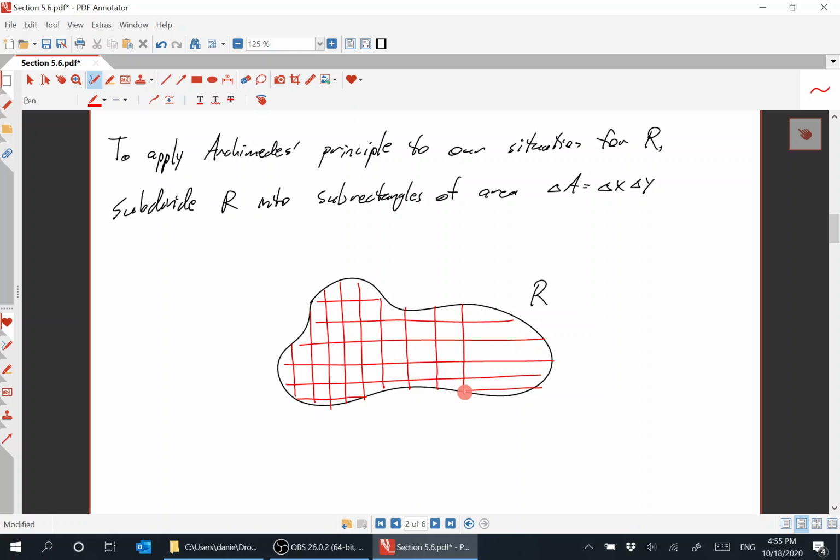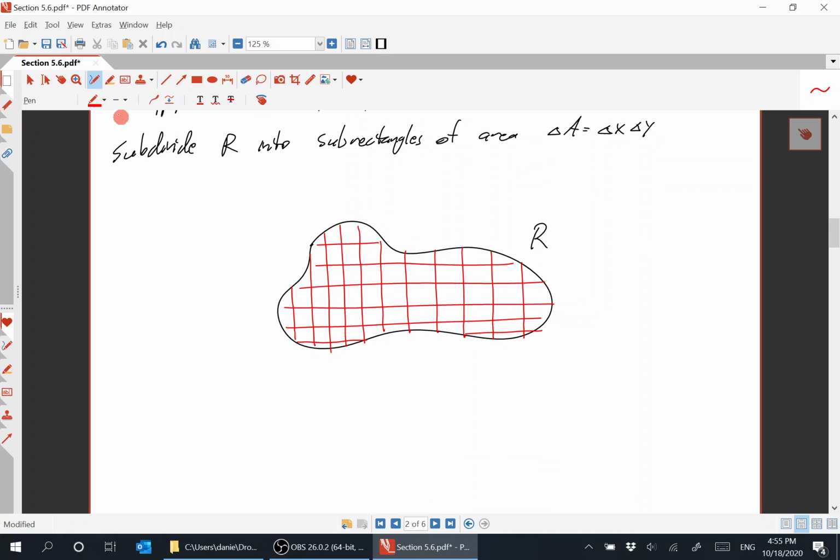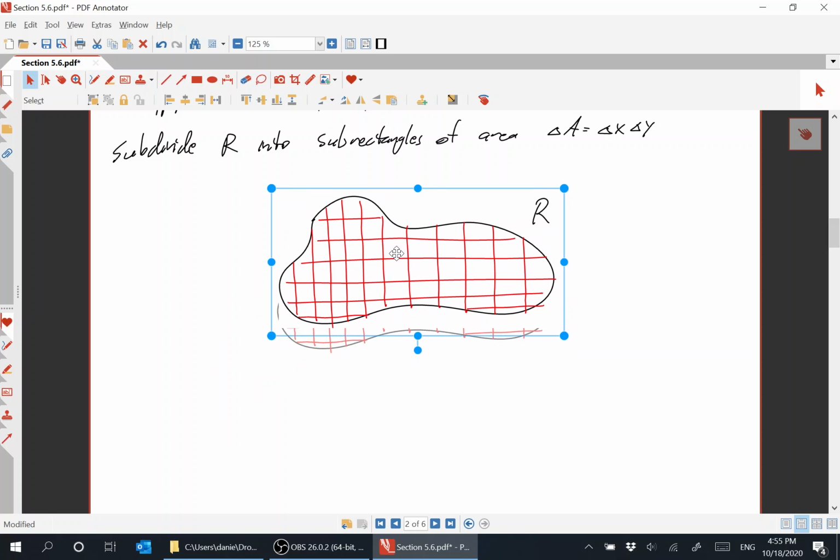And then within each subrectangle, pick a sample point near the center, say, of the rectangle.